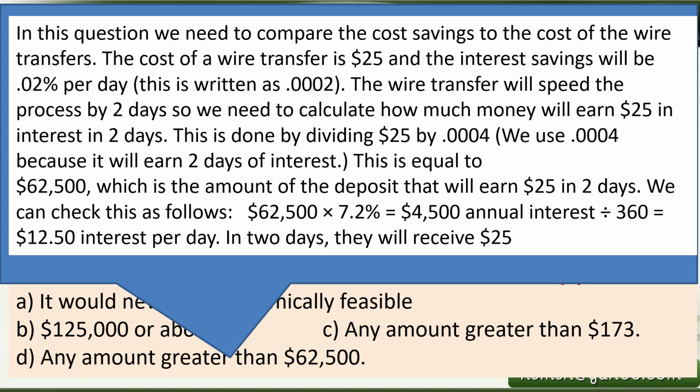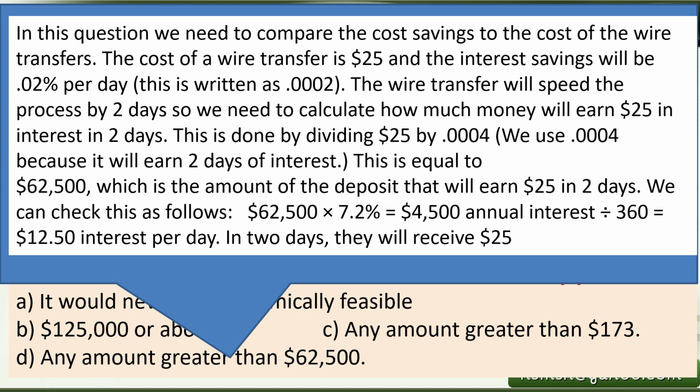62,500, and the interest is 4,500 at the given rate of 7.2%. The annual interest, 4,500 divided by 360 days, gives $12.50 interest per day, and in 2 days they will receive $25.